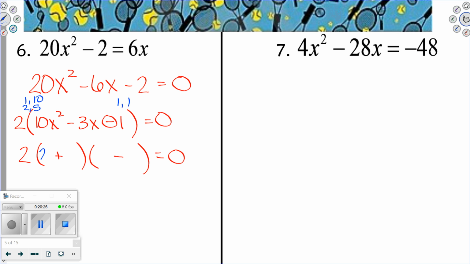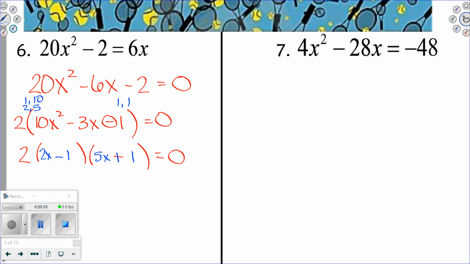So if I go 2x, 5x, 1 and 1, right, this is going to give me 5x minus 2x, which is a positive 3x. I don't want a positive 3x. I want minus. So my signs need flipped. All right. So there's what it should look like factored. A 2 up front, a 2x minus 1, and a 5x plus 1.